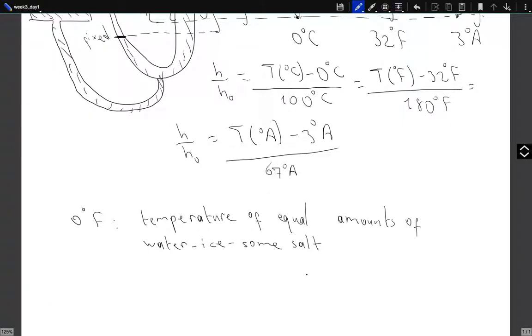And then he said, okay, let's have another typical scale point, one thing could be the freezing point of water. And remember, you will eventually be dividing this scale into smaller and smaller parts.